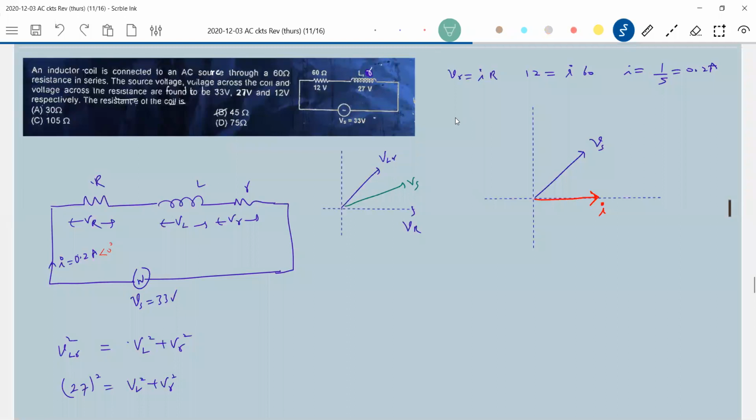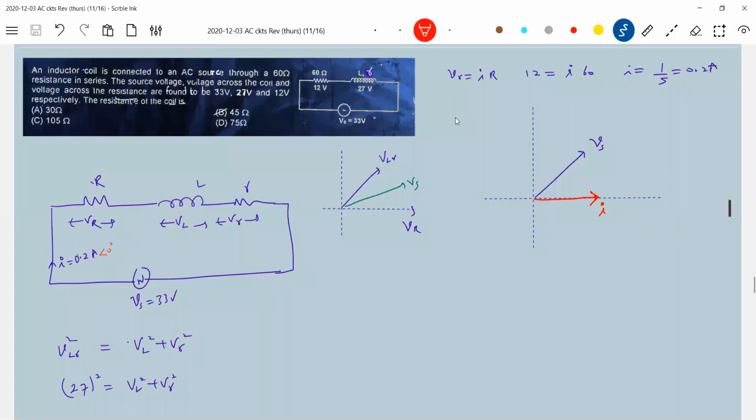Agreed? So therefore this VLR, I'm going to show it here. Okay, now somehow I think we are bringing in the voltages. So this is the relationship between them.